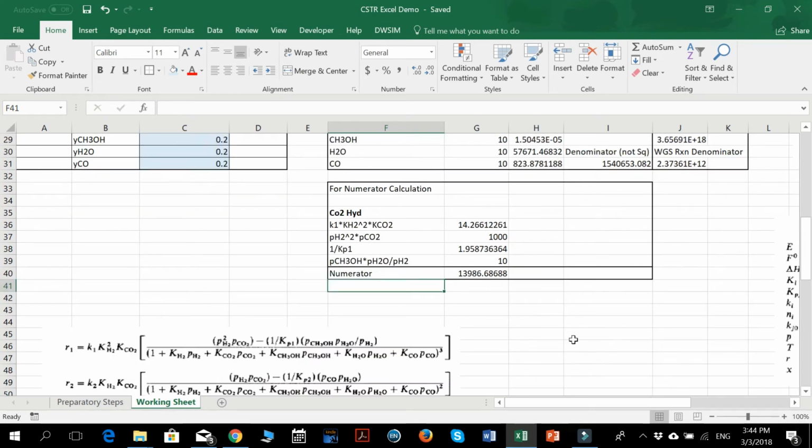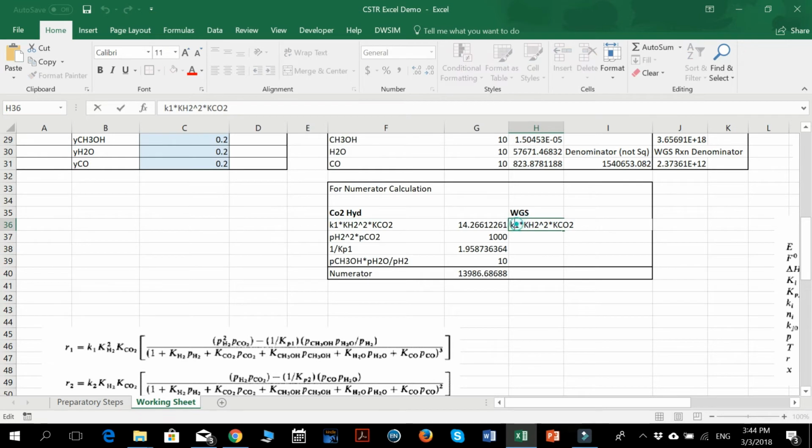Yep. And for water gas shift, again we have similar things, so I can copy most of it around and just make the modification. So here is K2, and I have KH2, and then I have KCO2.